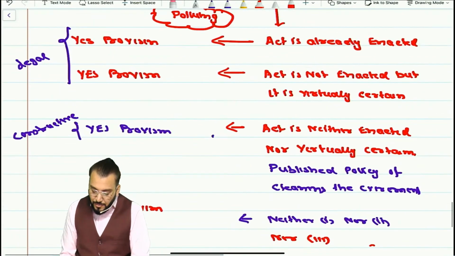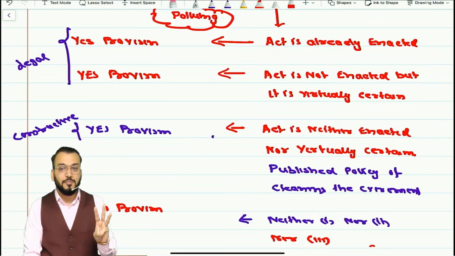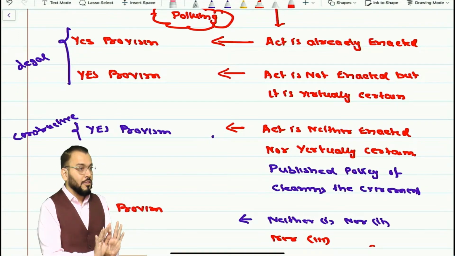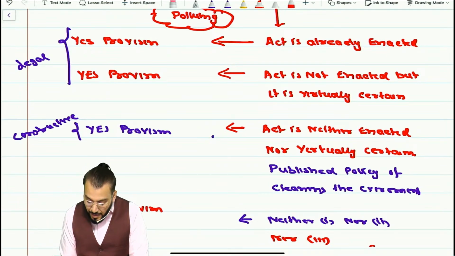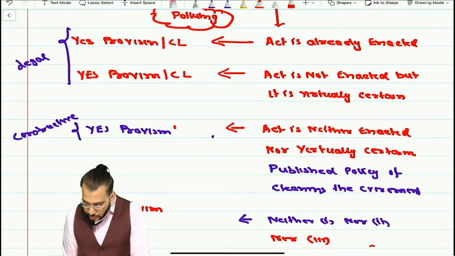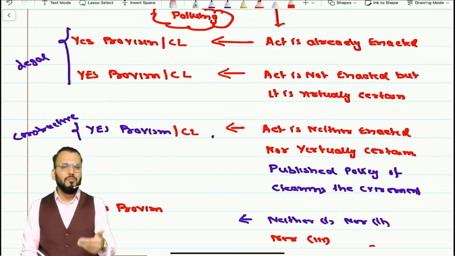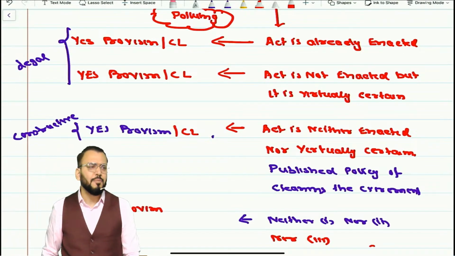Just try to understand. When I am saying provision, it means all three conditions are satisfied. It can be a contingent liability also. If one condition is not satisfied, then we'll go to contingent liability. So here it can be either provision or contingent liability, depending upon whether all three conditions are satisfied or not.